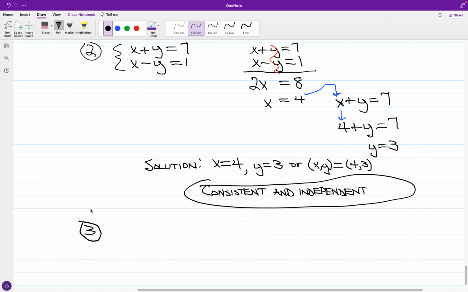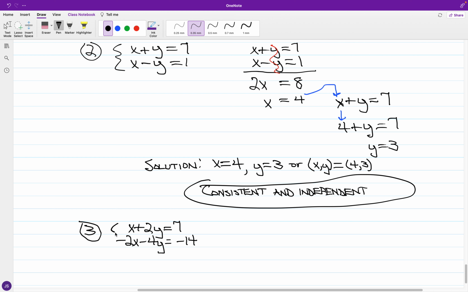Now, we have the third scenario. If I have x plus 2y is equal to 7, and I have negative 2x minus 4y is equal to negative 14.